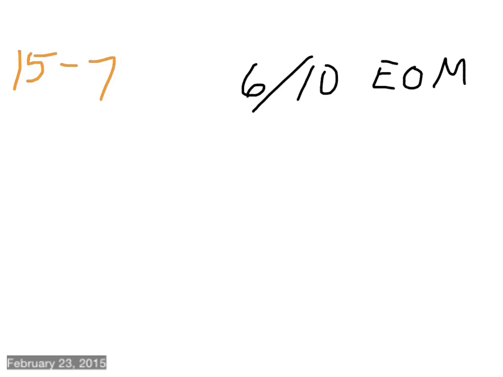What do you think EOM stands for? End of the month. Right. Okay, so if you see that, that's what it means. This number right here is the percent of your cash discount.